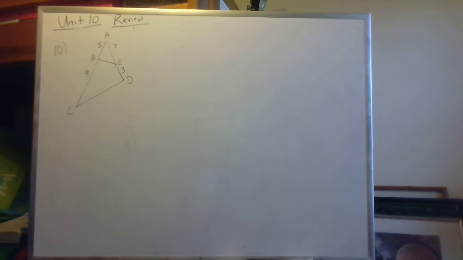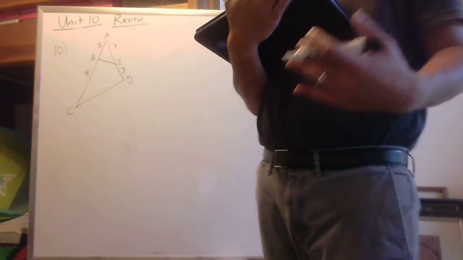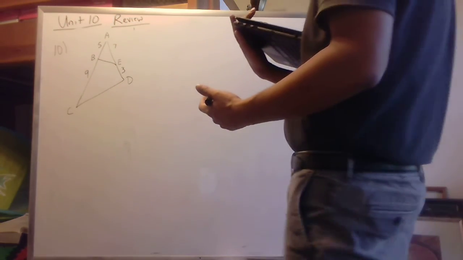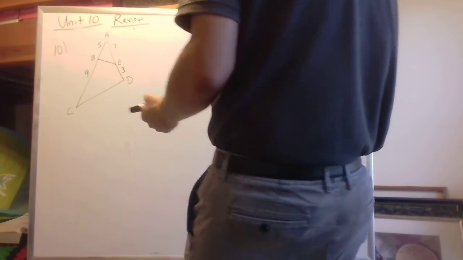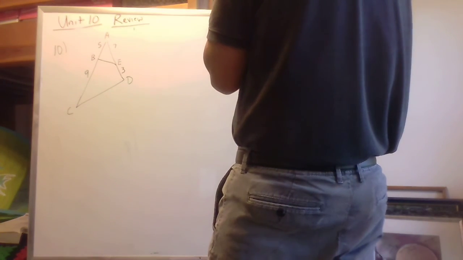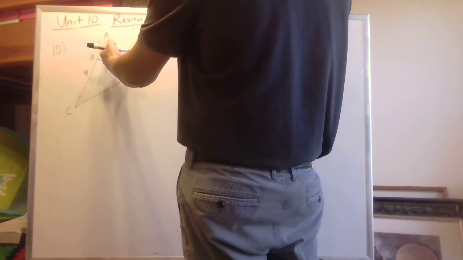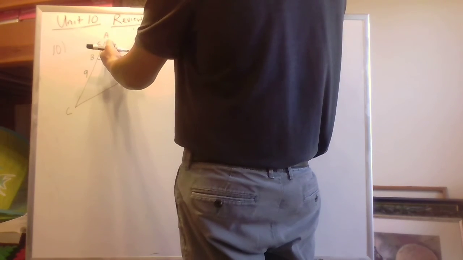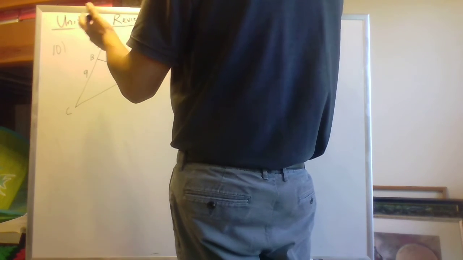And what we need to do is set up a proportion. So even though I said it's not similar, the book is saying that it is similar. So what I'd like to do is try to figure this one out. It just is weird because we have this little triangle right here, and then we have this large triangle. Maybe it's just because they're not in the same direction.